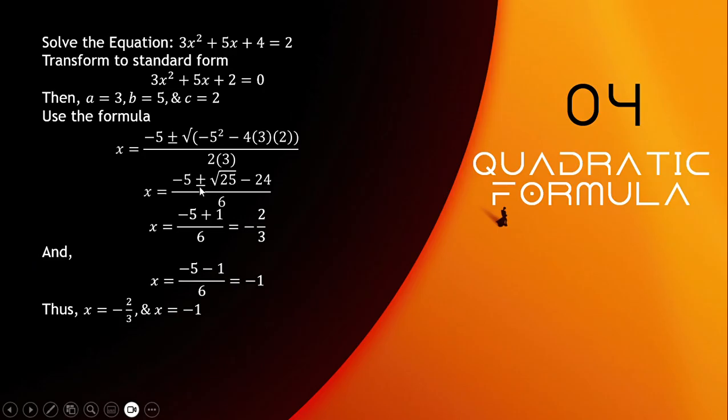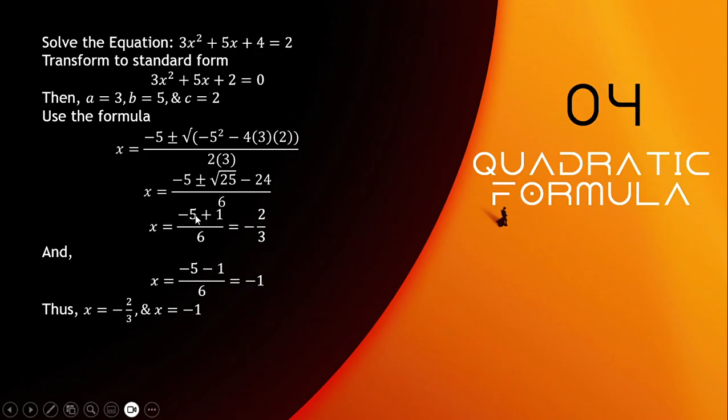So, i-solve lang natin, calculate negative 5 plus and minus square root of 25 minus 24. 25 minus 24 is just 1. So, ito yung kalabasan niya. Yung kalabasan niya is plus and minus 1.